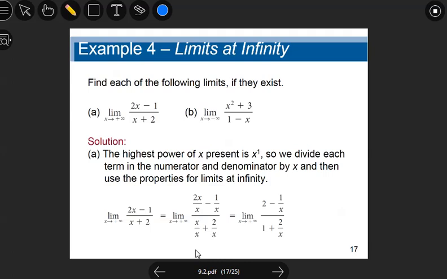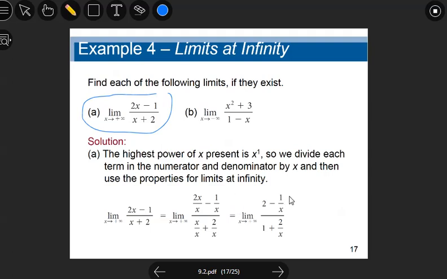Now let's discuss part A. In these problems, always memorize very carefully, we need to divide all terms by the highest power of x. So here the highest power of x is x to the power 1. So I divide both numerator and denominator by x to the power 1.